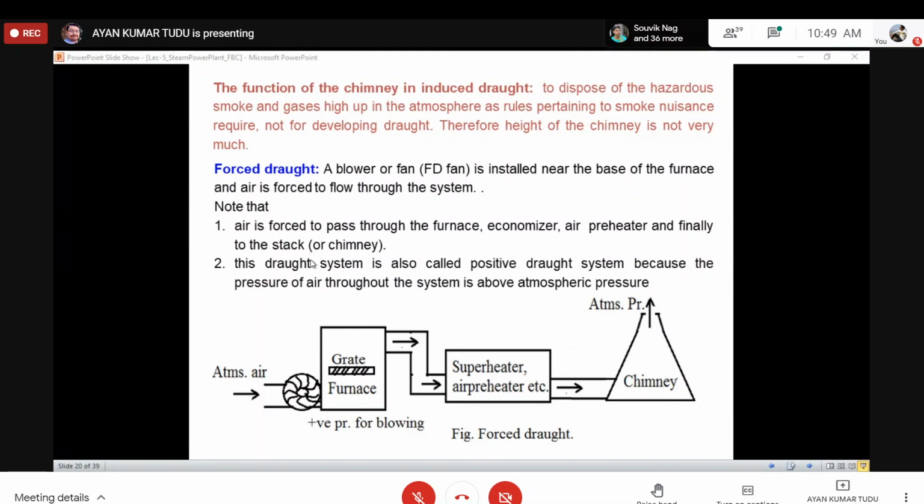Why am I saying this? Notice, if the FD fan is used alone, the furnace cannot be opened either for firing or inspection because the high pressure air inside the furnace will try to blow out suddenly, and there is every chance of blowing out the fire completely and the furnace stops.